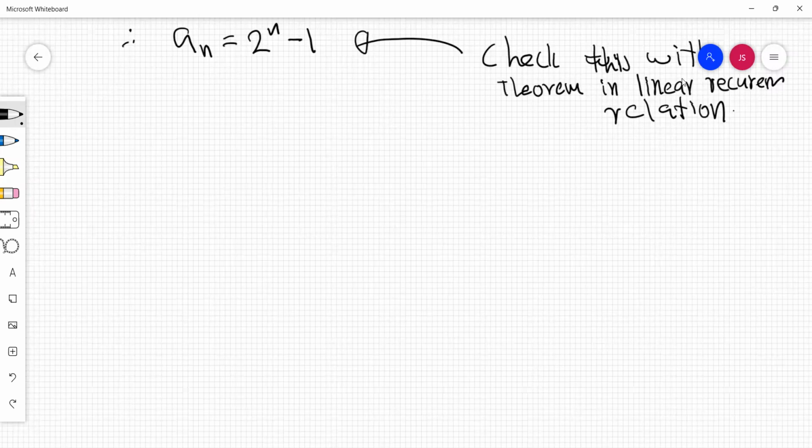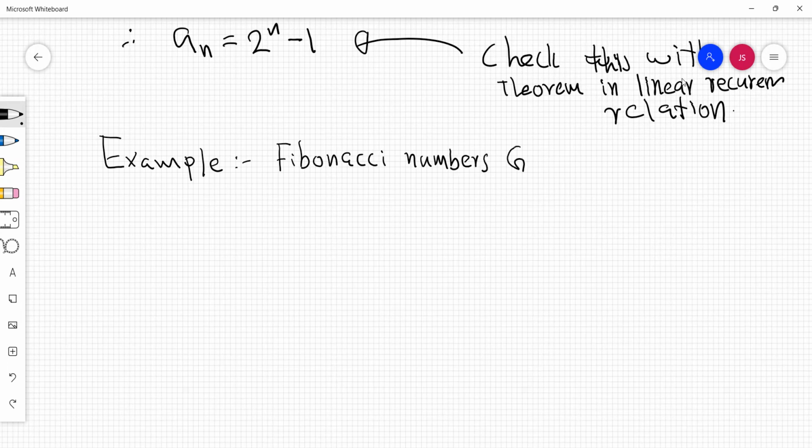Let's see another example. Let's find the Fibonacci number generating function. We know how to define the Fibonacci numbers.